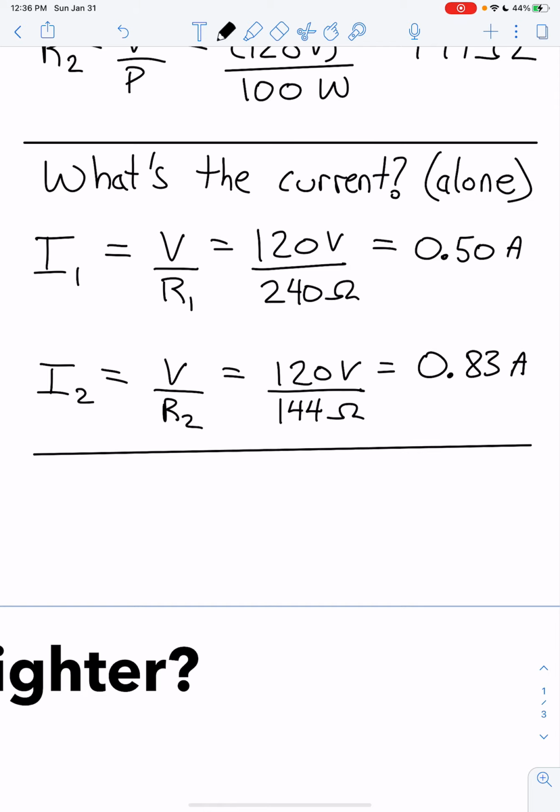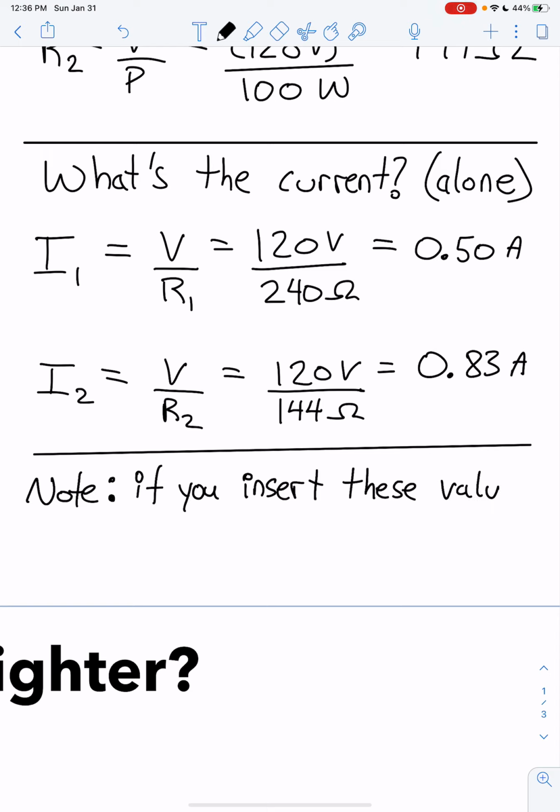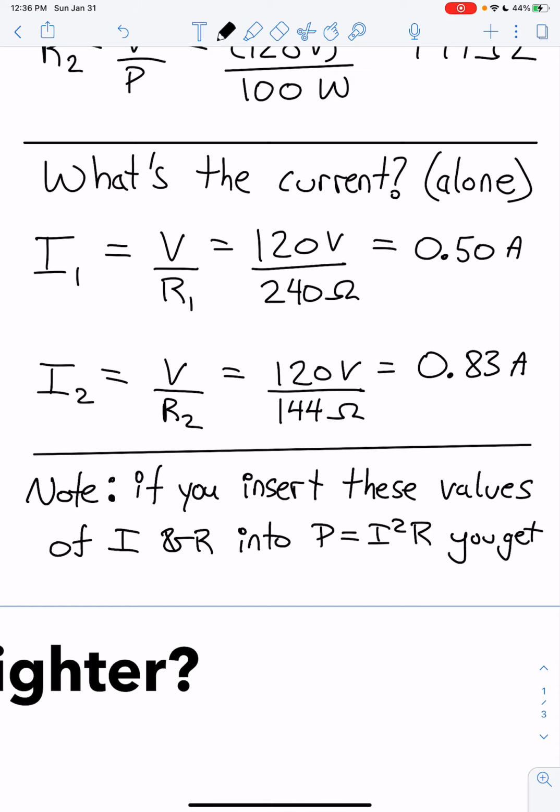And just note that if you insert these values of current and resistance into the power equation, you get the power of the first one is equal to 60 watts, and the power of the second bulb is equal to 100 watts.